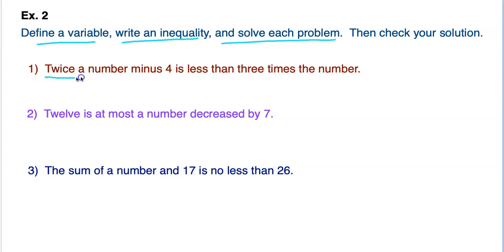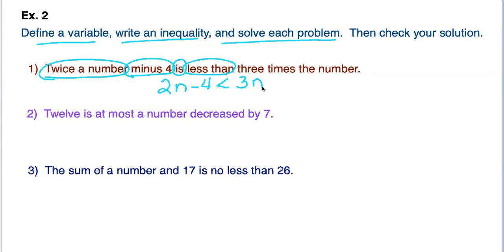So our first part says twice a number, which would look like this. Minus 4 is less than 3 times the number. So we're going to go ahead and get our n's together.